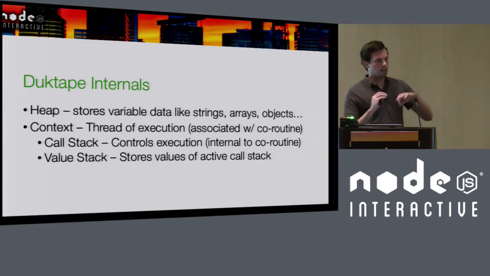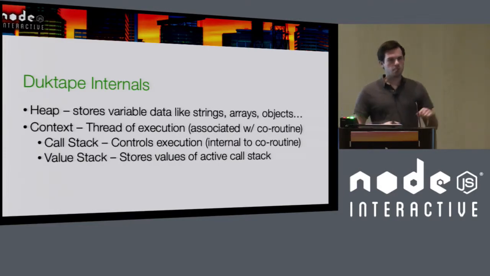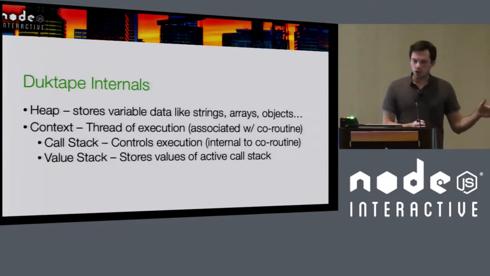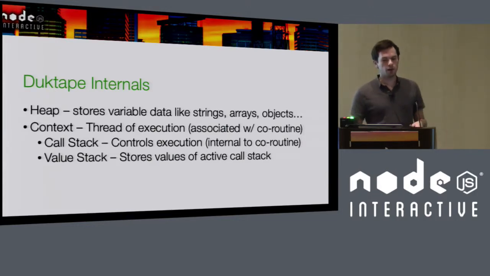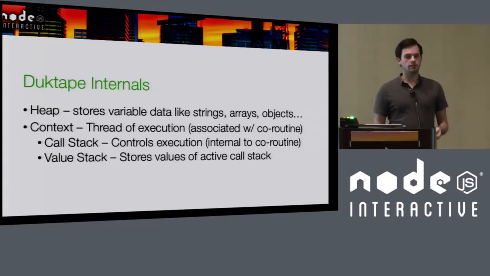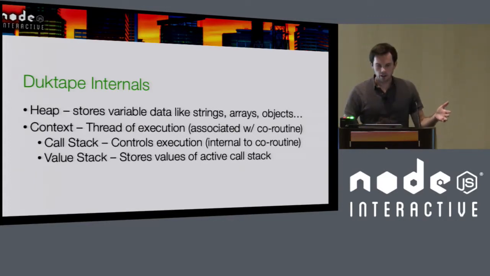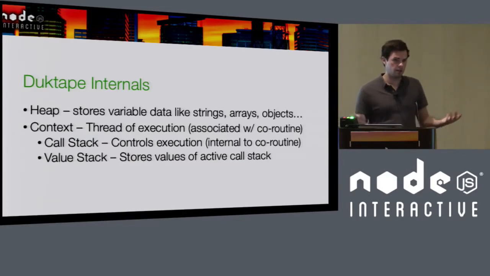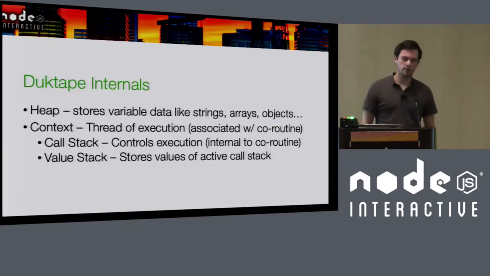But basically what this API lets you do is manipulate the Duktape internals. And so in order to execute JavaScript, what you need is a heap, which stores variable dynamic data like strings, which can be of any length, arrays, which can have any number of items, or objects, which can have any number of keys and values inside of them, and so can grow dynamically.